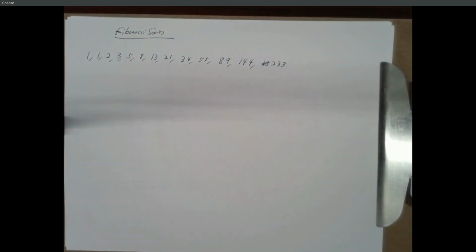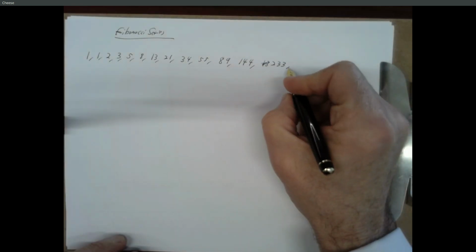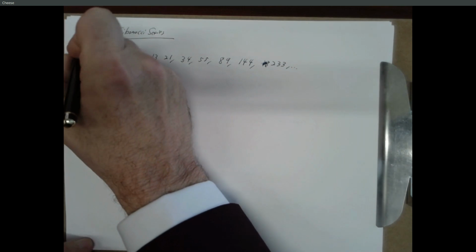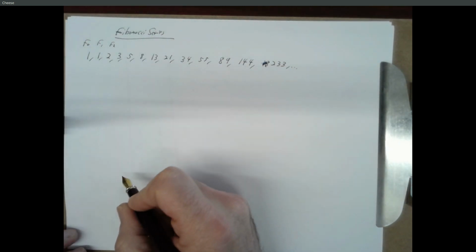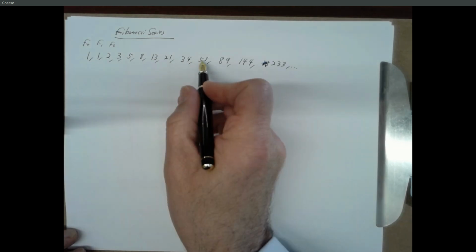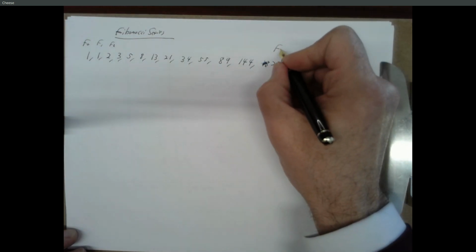And so on. We can call this F0, F1, F2, and so on. So this is F12 out here. And the series goes on forever.